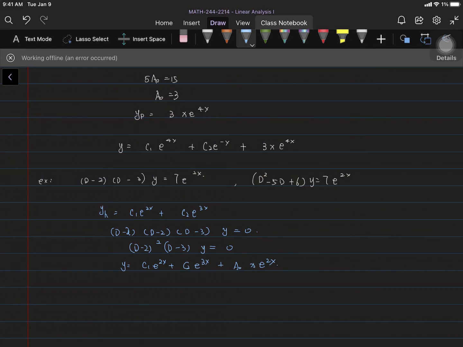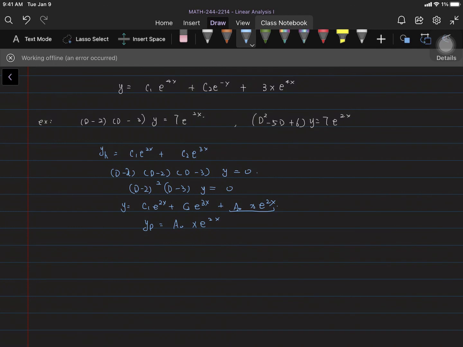So my particular solution should be a naught x e to the 2x, and I'm going to plug this into the original differential equation.